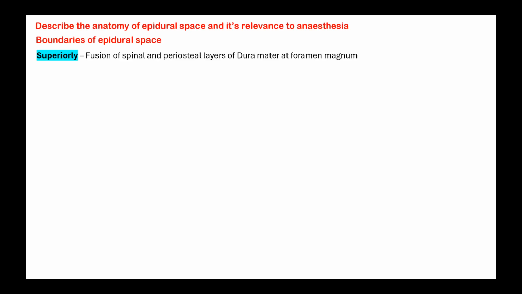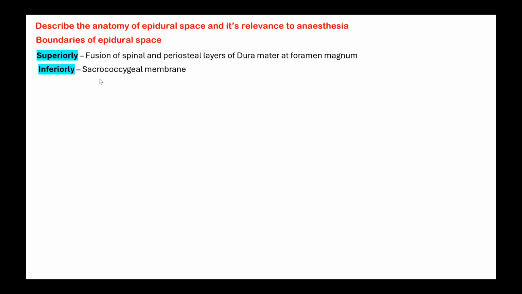He may have hypotension and bradycardia, but the patient may still be breathing in high spinal. Whereas in subarachnoid total spinal, the drug will directly block the respiratory centers at the medulla and the pons, and the patient will immediately have a respiratory arrest also. He will stop breathing. So that is the very, very important differentiation between these two. That is the importance of the superior boundary.